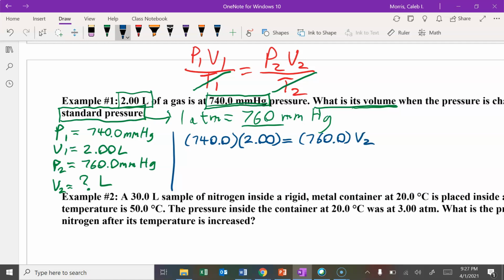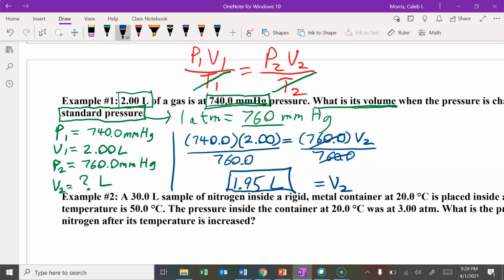If I wanted to solve for it, I could divide both sides by 760.0. Cancel that out. I'm going to end up with V2 equals 1.95 liters.